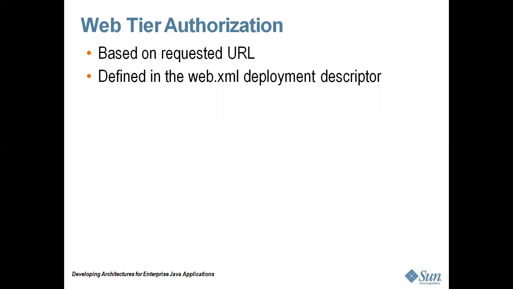Of course, it should be done during the deployment stage. For example, web.xml can be provided in Java technology, where they can describe it. So you can define who can access what kind of resource.